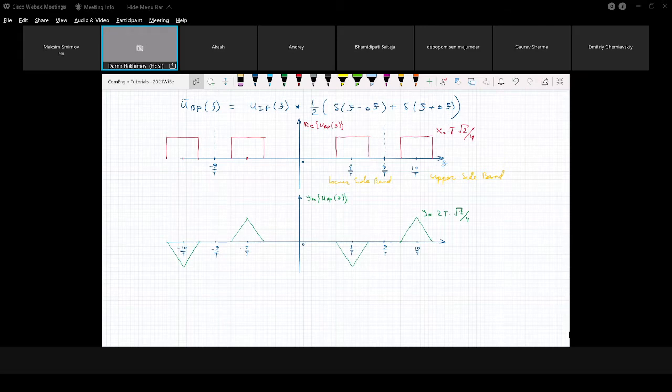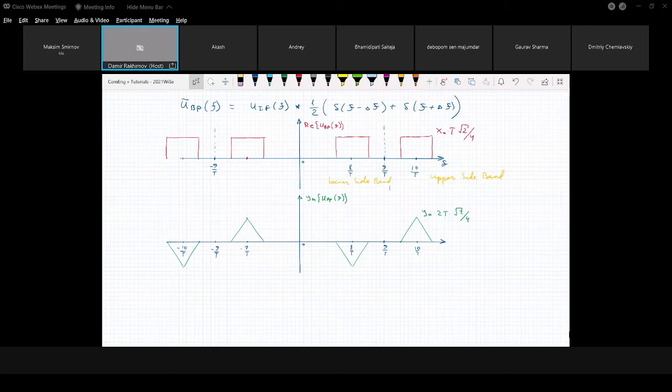Assume that the final bandpass signal shall not contain spectral components below frequency 9 over T. And what we must do is make it possible.